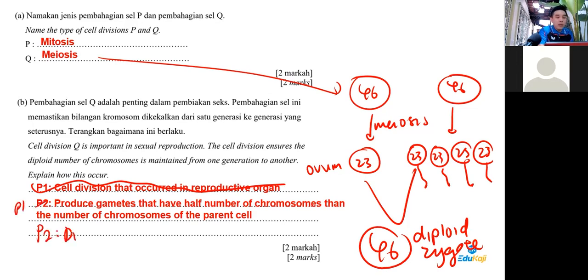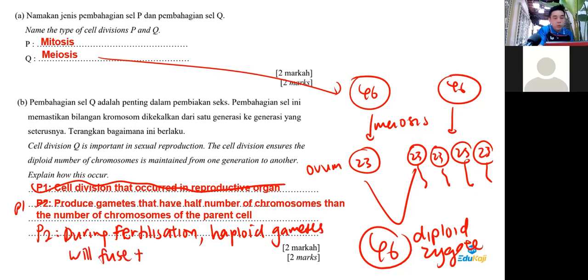So during fertilization, guys, haploid gametes will fuse to form a diploid zygote. Okay. So draw one star. Please draw one star for B, guys.